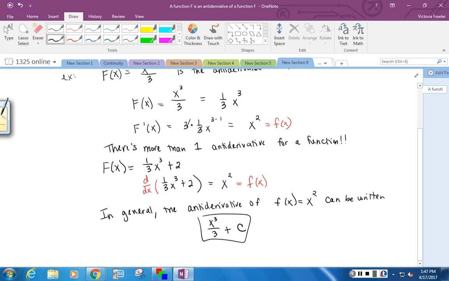This case is the same as 1/3 x cubed plus 2, which is also the same up here where I can make this constant 0. So we can see we've got a whole family of antiderivatives. So it's important to have this plus c, or the constant. They differ by a constant.